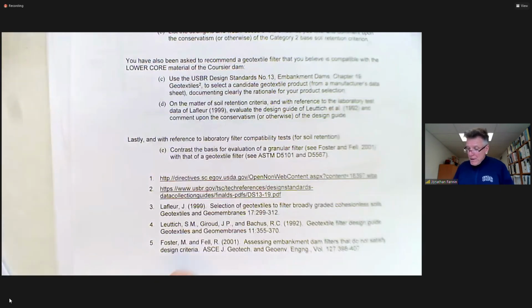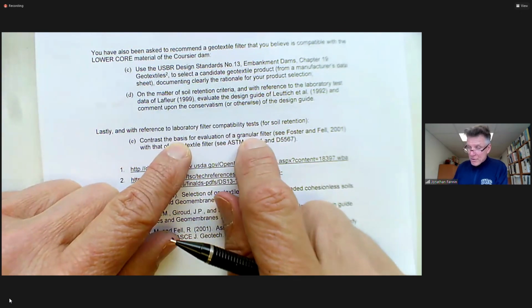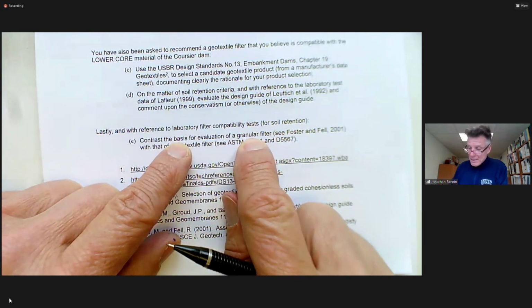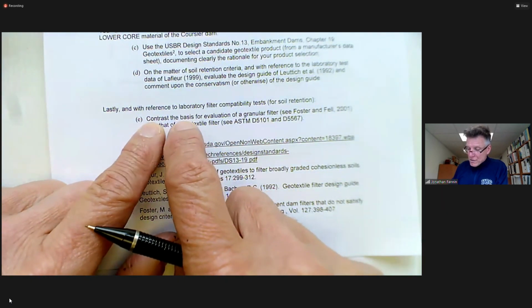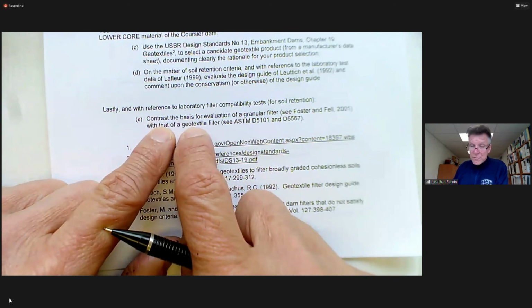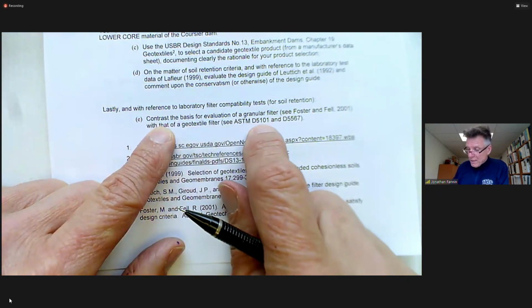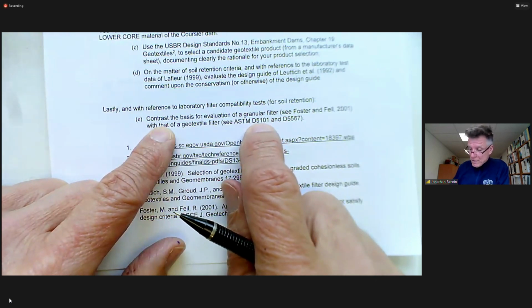So if you had to check it, contrast the basis for checking a granular filter by lab testing. And I ask you to contrast the basis for the interpretation of the granular filter versus the basis for a geotextile filter. And this one is our gradient ratio test, which I went through in a little bit of detail today.